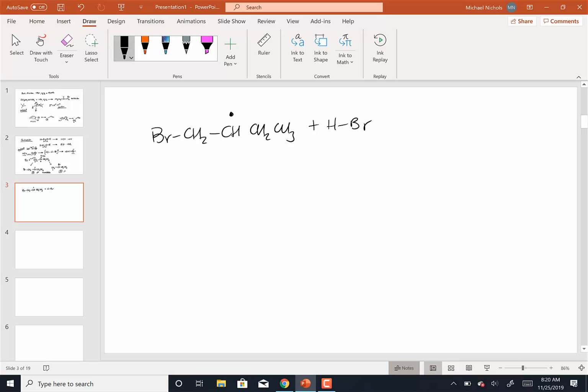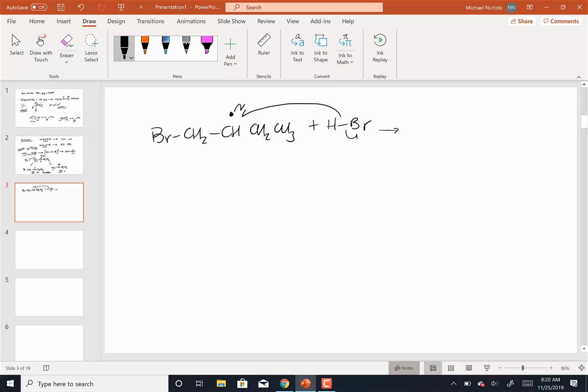So I'm going to split the HBr bond again. The unpaired electron that the hydrogen gets is going to pair up with the carbon radical, and the bromine ends up with the other unpaired electron.